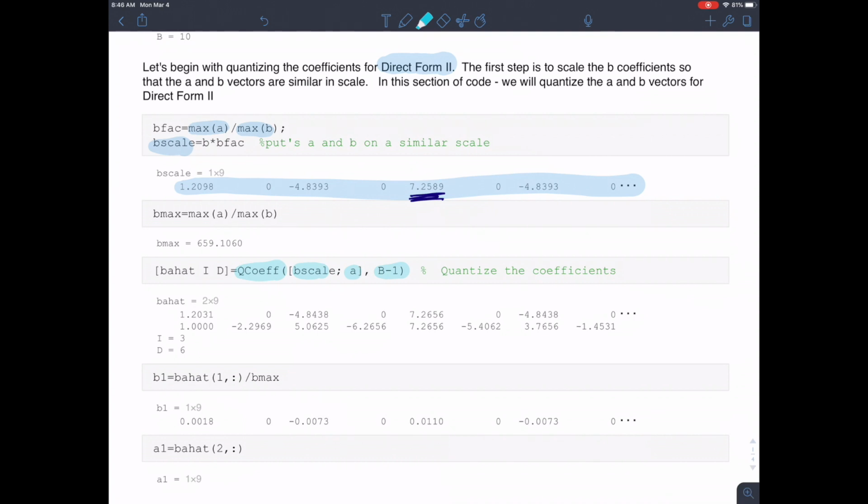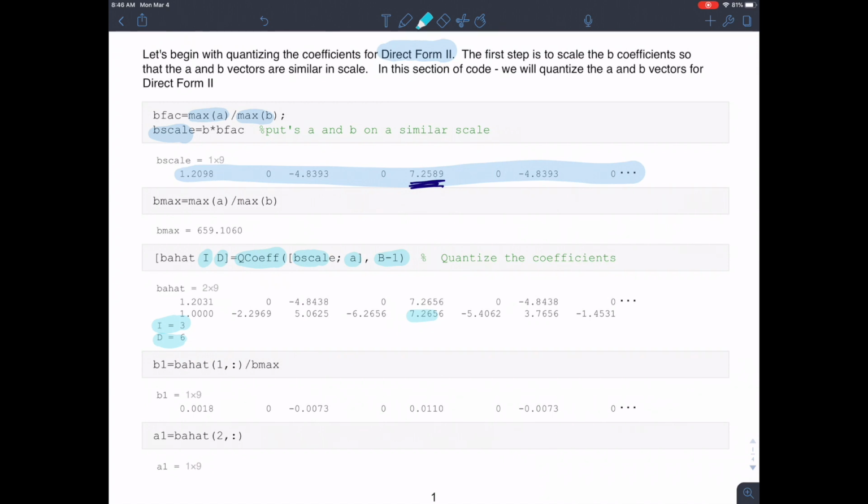It comes back with the integer number of bits and the decimal number of bits. We need 3 bits allocated to the integer part to represent a number like 7.2656, and then we have 6 bits allocated to the decimal part. That's how that came out once you quantize those terms.